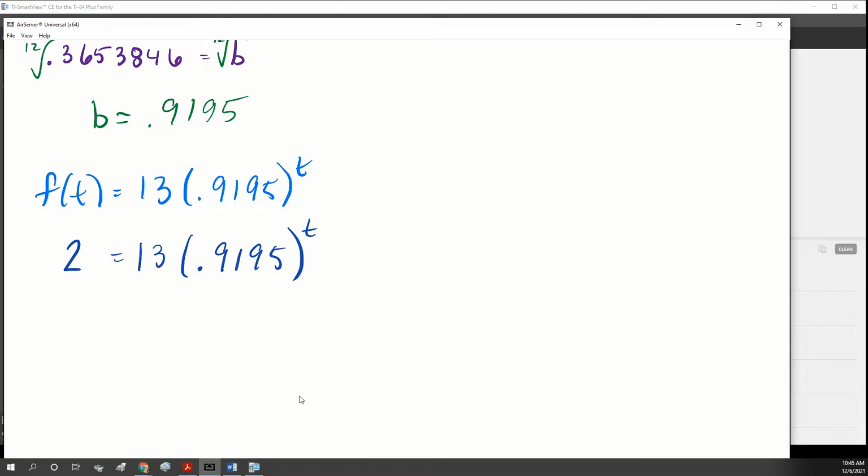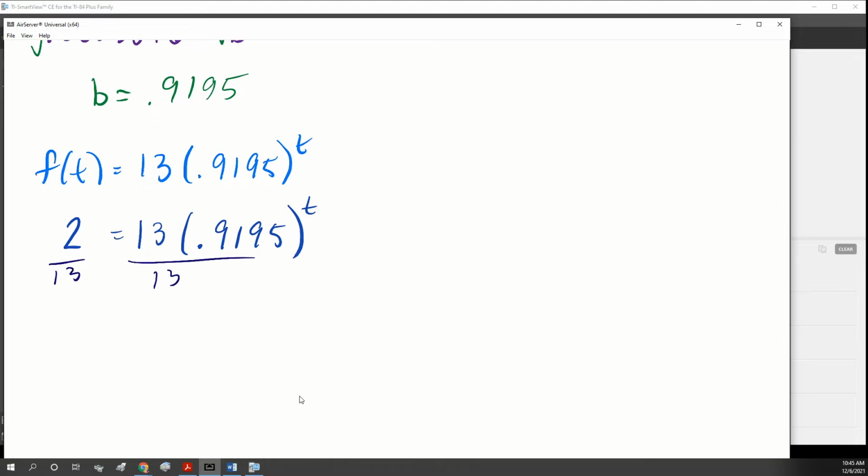It's been a little while since we solved exponential equations. We just finished the logarithmic. We had to remember how to do exponential. So I really need to solve for that t. What would y'all do first? Very good. Divide by 13. All right, I think this is another one where you get that ugly decimal that continues forever. So we're just going to go to a lot of decimal places.